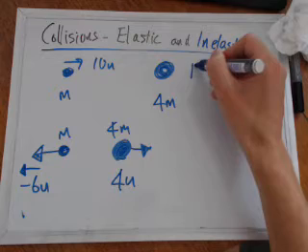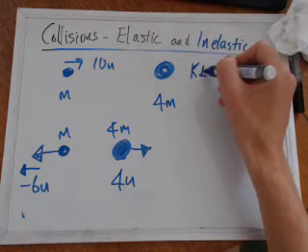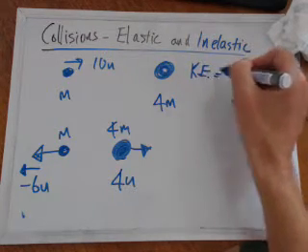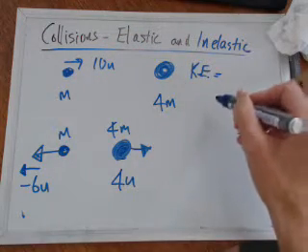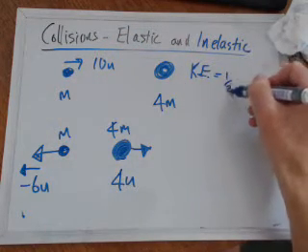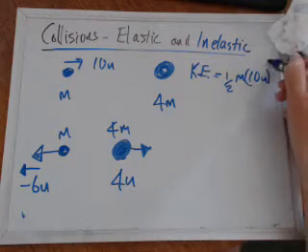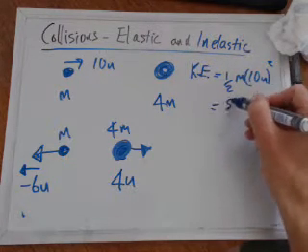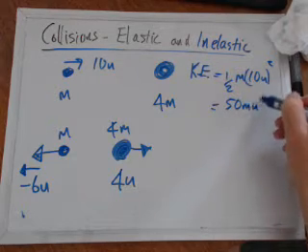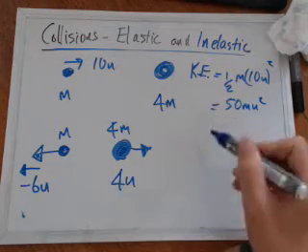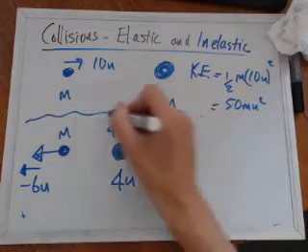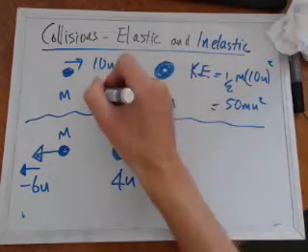The kinetic energy in the before situation, just the kinetic energy of this particle here, is equal to a half m times 10u all squared, which equals 50 mu squared. That's for the before situation.